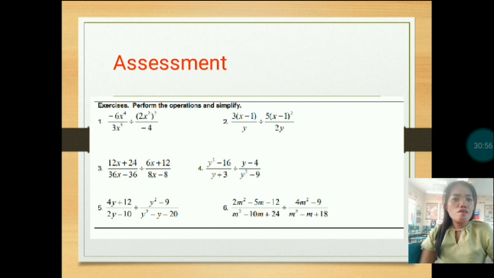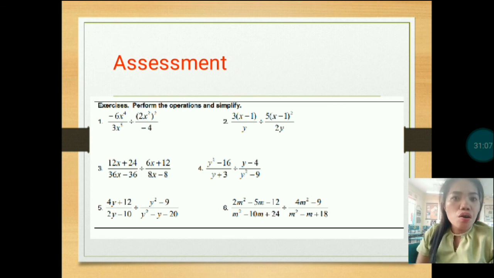Okay, so this is dividing rational expressions. Number 1, you have negative 6x to the power of 4 divided by 3x to the power of 5 divided by 2x squared times the quantity squared over negative 4.